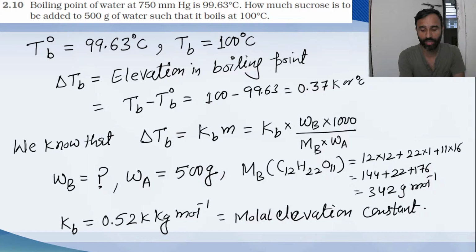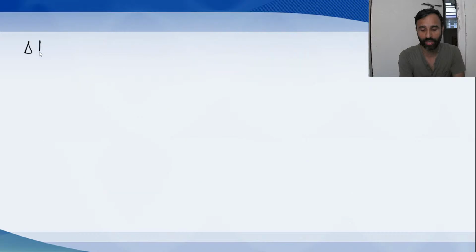Just put the values. So this is the equation: delta TB equal to KB WB over MB WA into 1000.